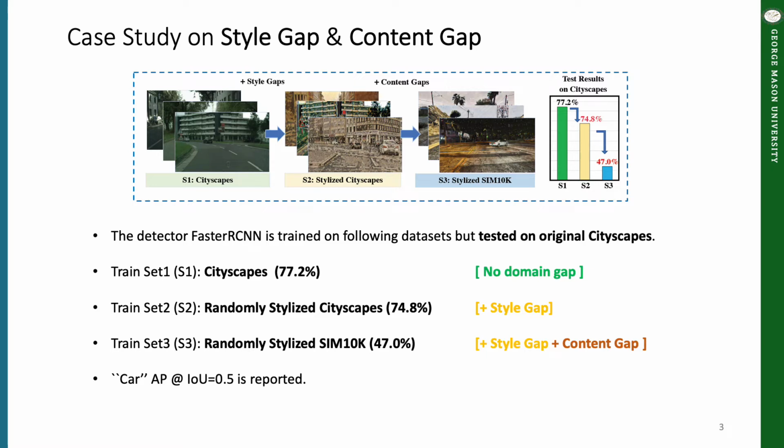The second one is the randomly stylized Cityscapes, where we change the styles of the source images so that we introduce the style gap. And the last one is the stylized SIM10K, which introduces both the style gap and the content gap. You can see that the performance on these three datasets is continuously degrading, implying the influence of the style gap and content gap.